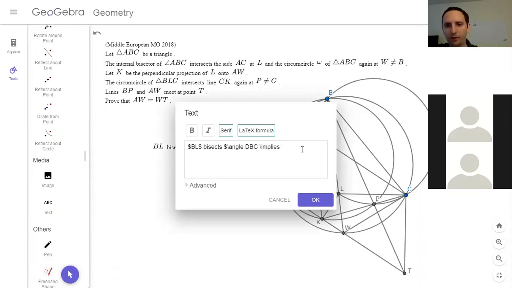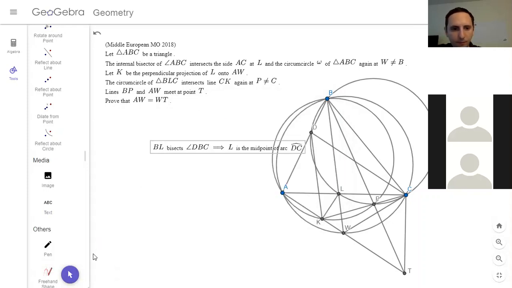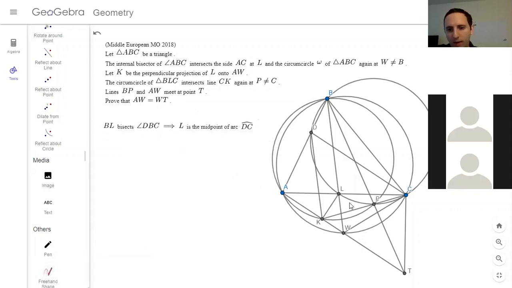That means L is the midpoint of arc DC. And then we want to show DC is parallel to AT. That's the same as showing that angle CDA plus DAW is 180. That's the same as saying ADC is equal to BCW, which I'm assuming is just an angle chase, right?